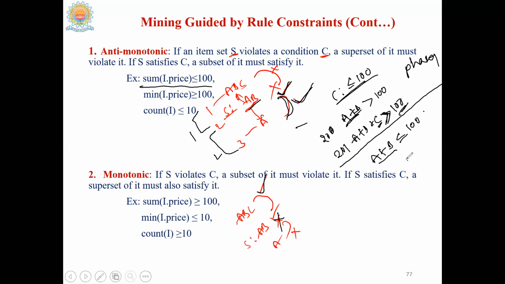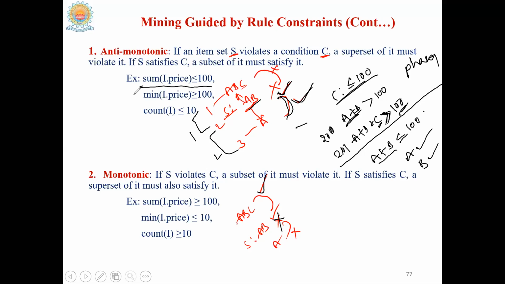So here the subsets include either A or B. Since the sum of the two items' prices is less than 100, the price of a subset is also obviously less than 100. There is no doubt in it, right? So this is about the anti-monotonic property.